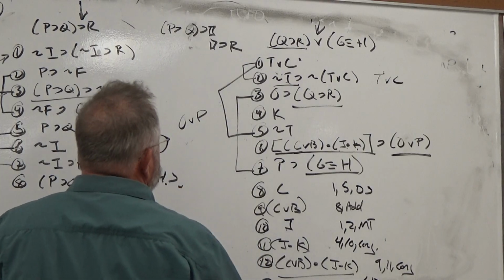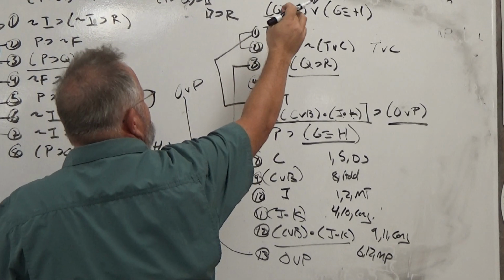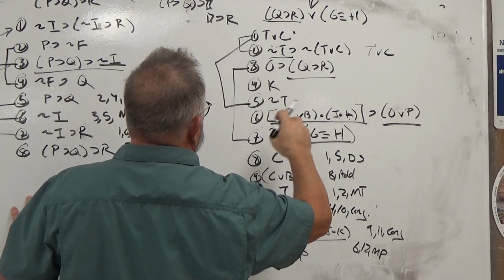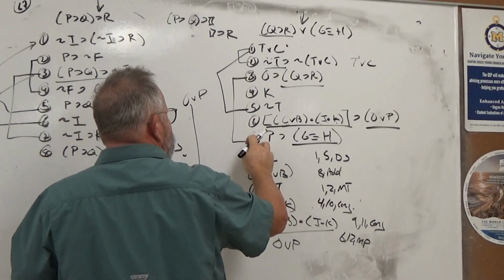Why did I get this? Because remember, if I had that, I could do a constructive dilemma with 3 and 7.